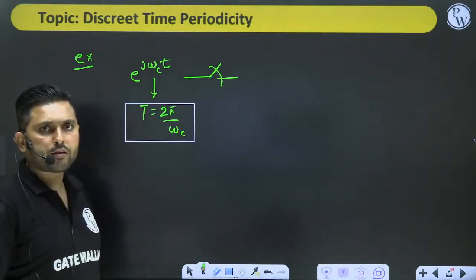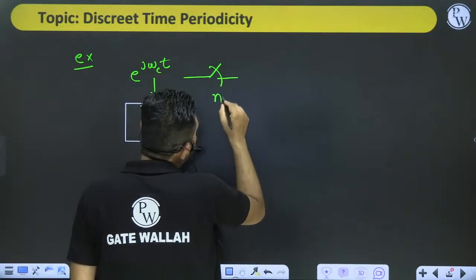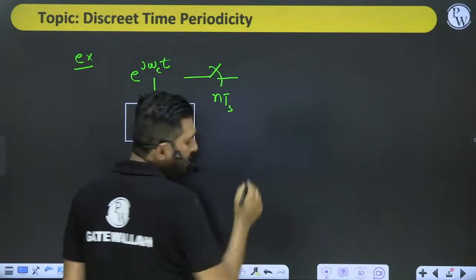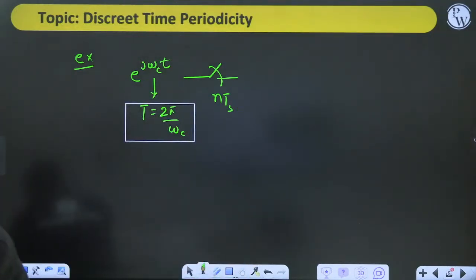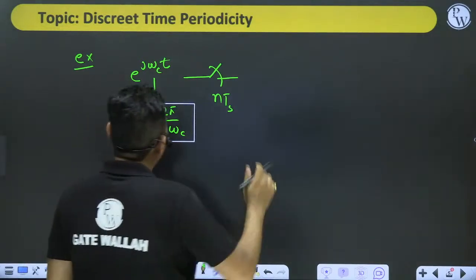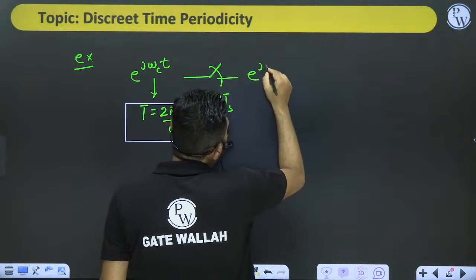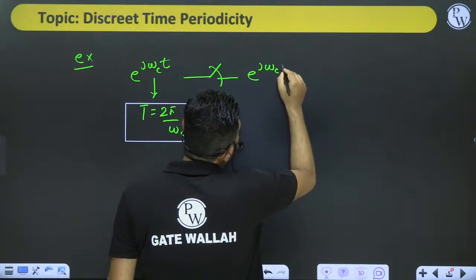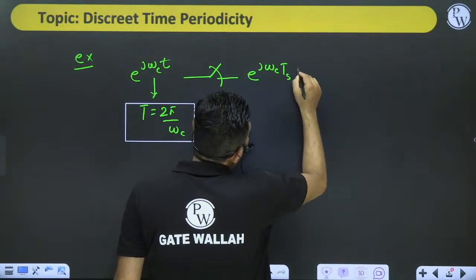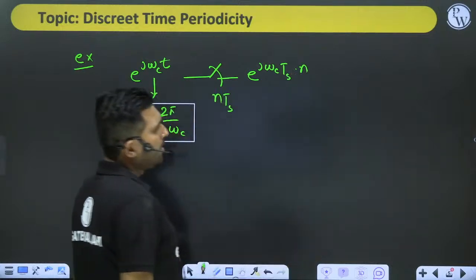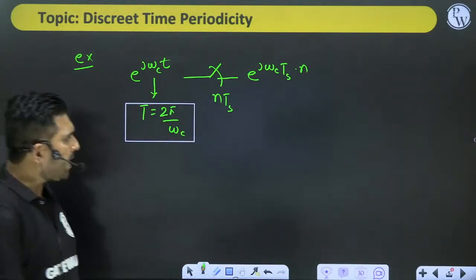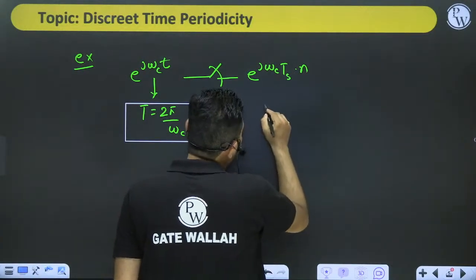Let us sample this function over nTs. Then what will you get? You will get e to the power j omega c Ts times n.